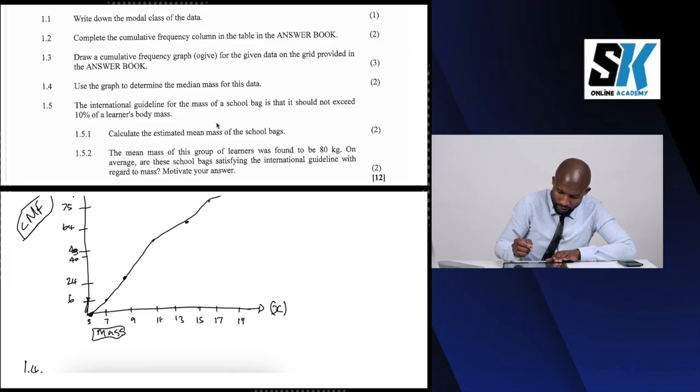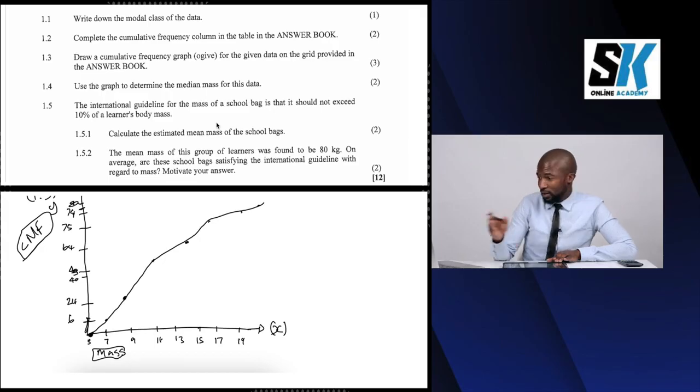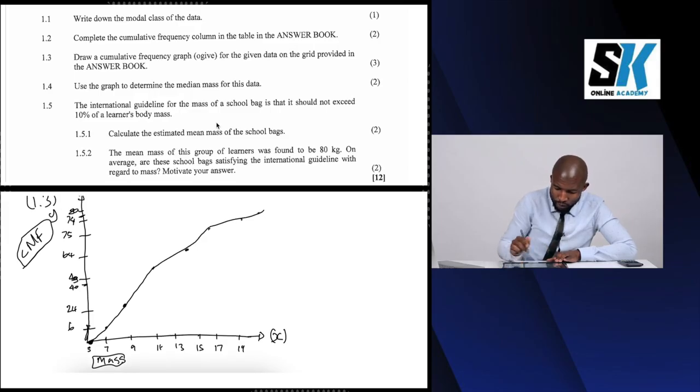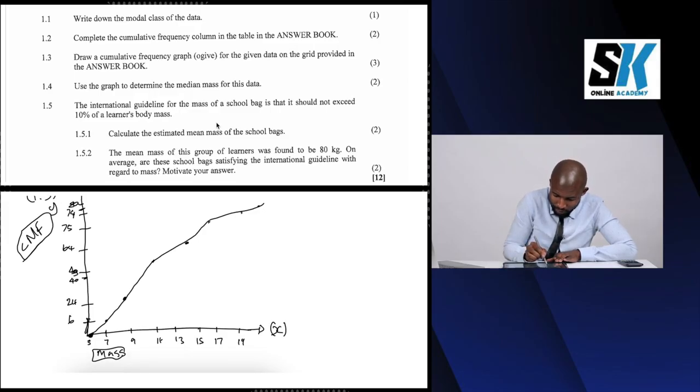If you go to the graph where it says 40, because our data is up until 80, so our median has to be where it says 40. So you draw a line from 40 up until you touch your ogive, and then you go down.